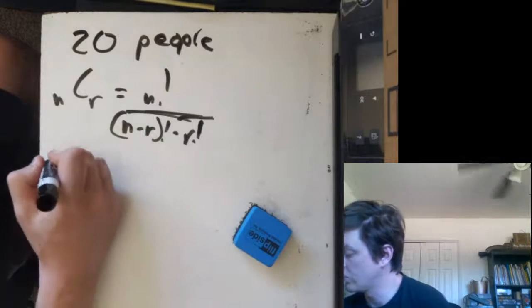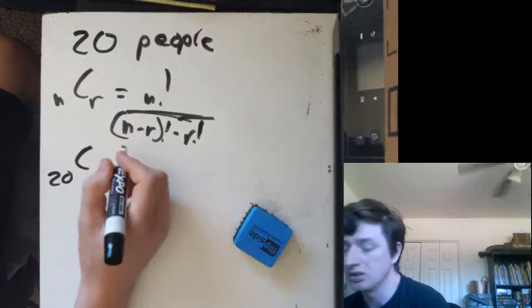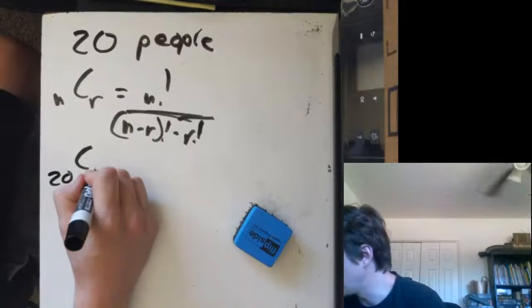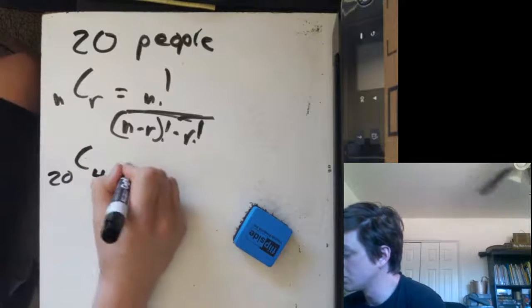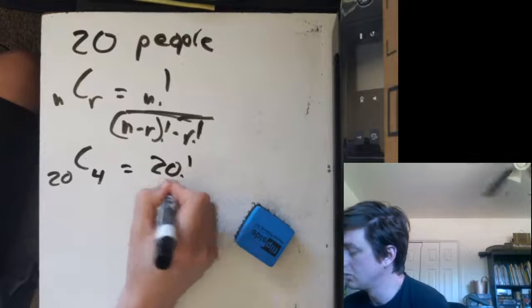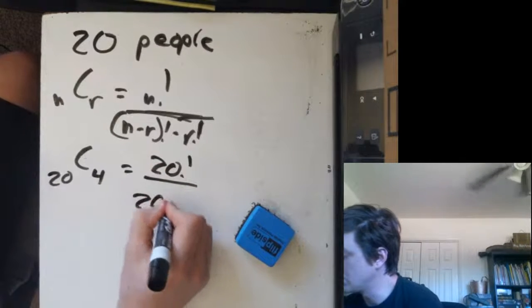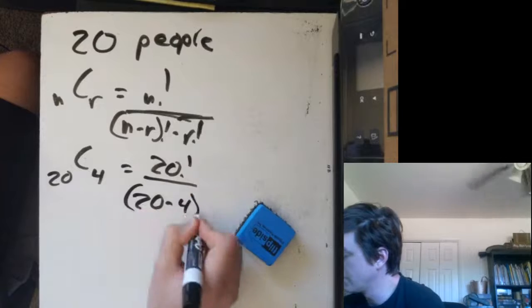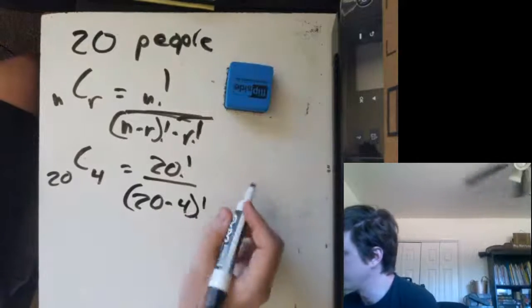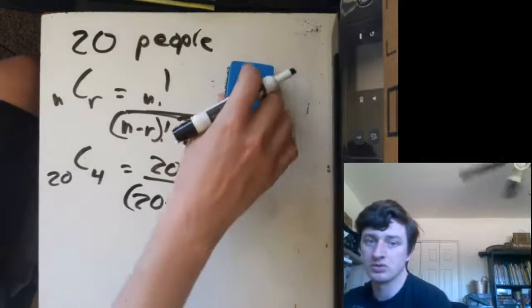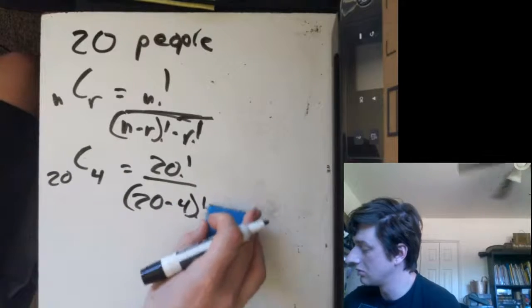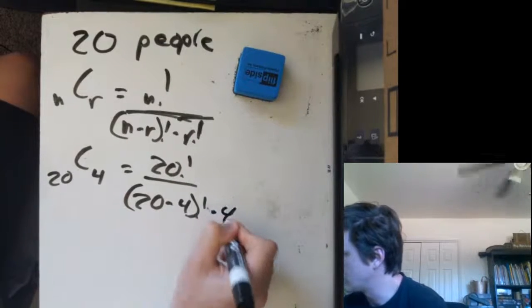So if we have 20 people, it would be 20 C 4 for our combination. We're only picking 4 of them. So this is going to be 20 factorial divided by (20 minus 4) factorial times 4 factorial.